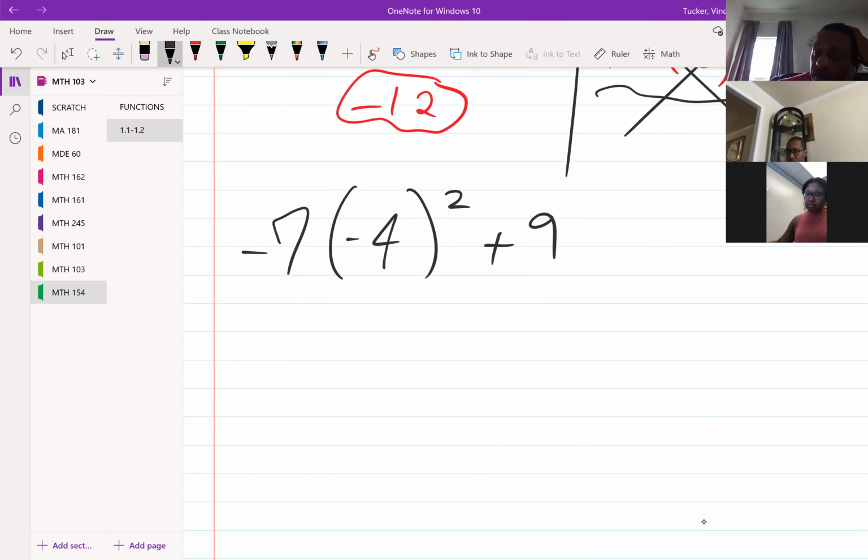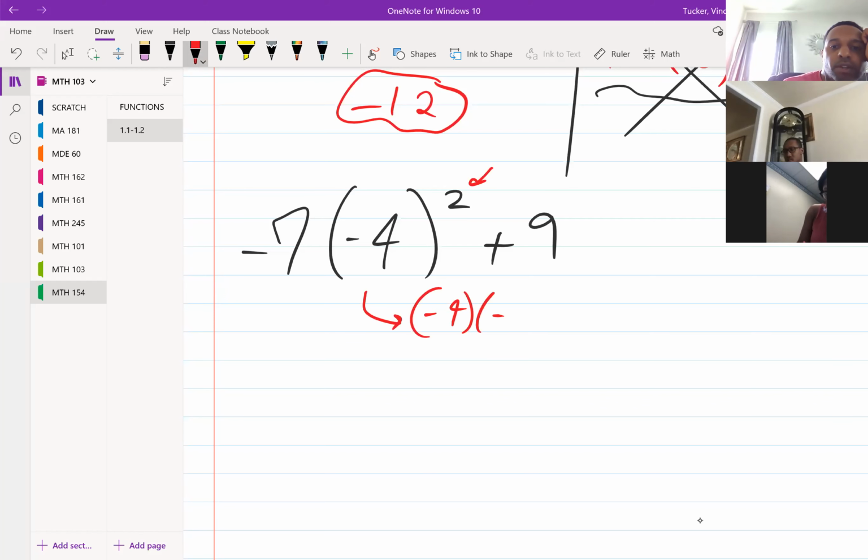And just, once again, following order of operations. I think all they said was, perform the indicated operations by hand, then use a calculator to check your work. So, first thing we would do is exponents. Negative 4 times negative 4. So positive 16.